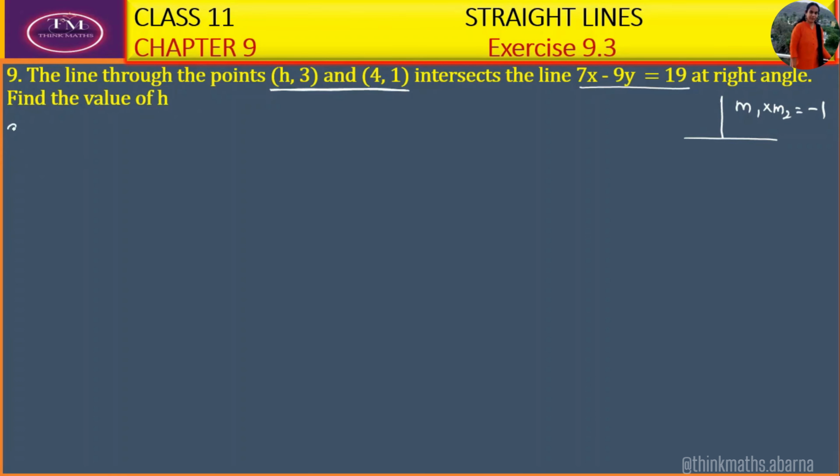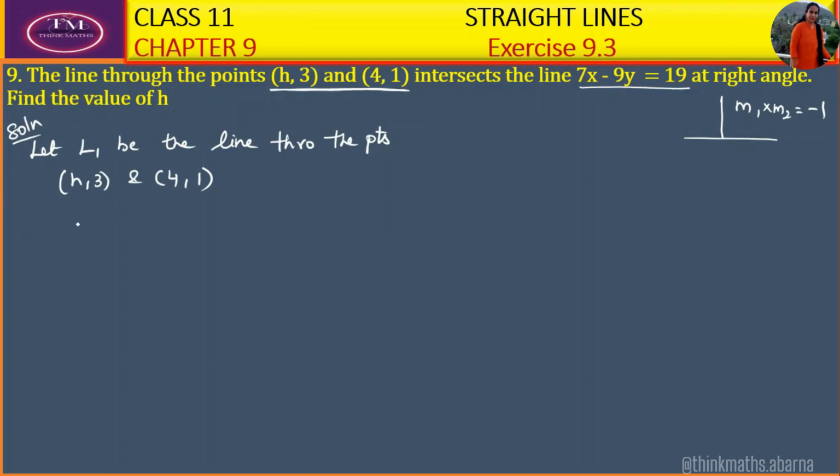Okay. So now let L1 be the line through the points h, 3 and 4, 1. So what will be the slope? The slope of L1, which is M1, equal to, what is the general format?